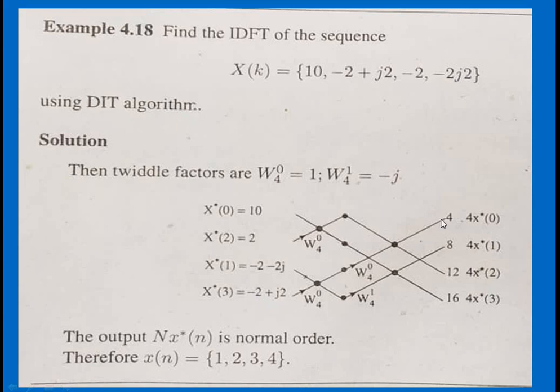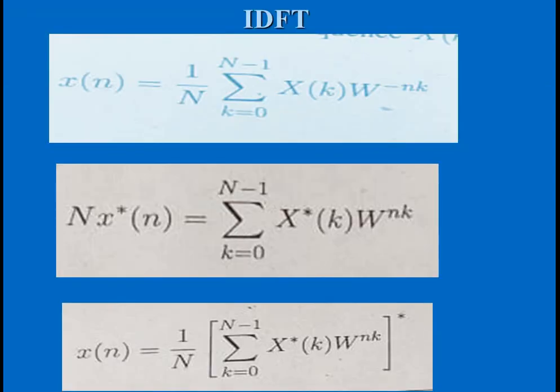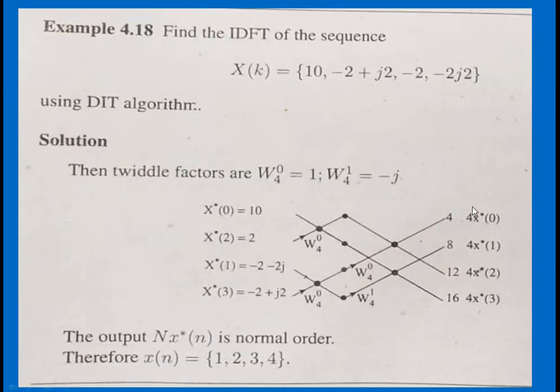Okay, so after that, by using the formula, we will be getting some value, right? That value will be in the form of N into x conjugate, because in the previous slide the formula for the output is N into x conjugate of n. Here N is 4, so 4 into x conjugate of n.